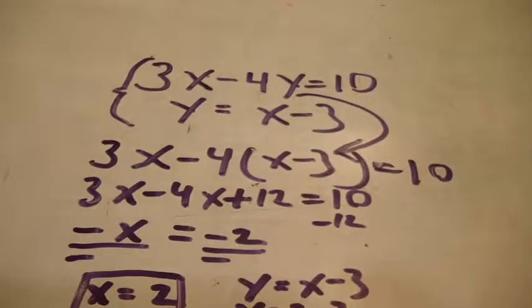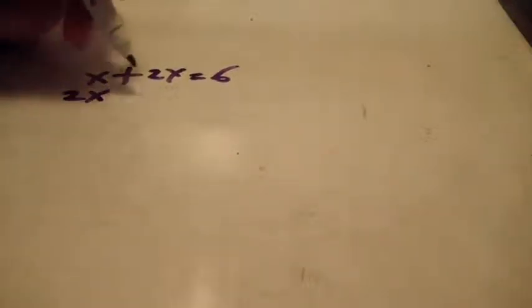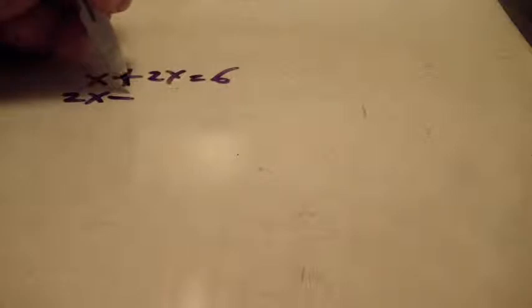Let's do another one. Let's do this: x plus 2y equals 6, and 2x plus 3y equals 8.